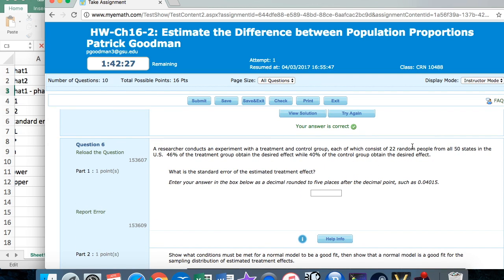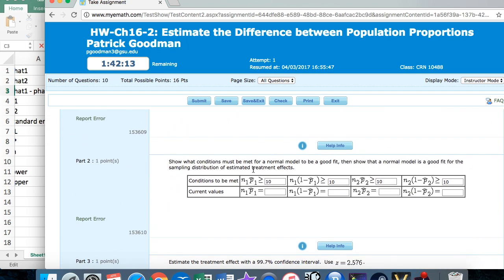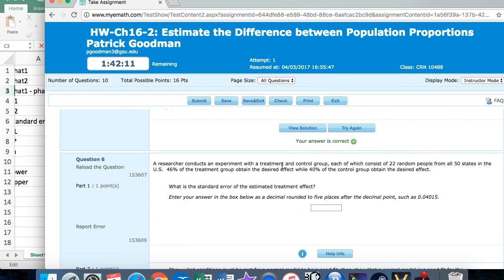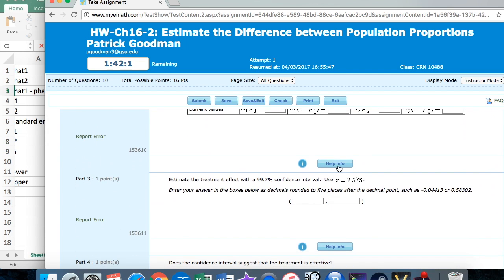So in this problem, 22 random people from all 50 states, 46% of the treatment group obtained the desired effect, and 40% of the other. So 46% would be your p hat 1, and 40% would be your p hat 2. So just go through and do these. Your N1 and your N2 were 22?